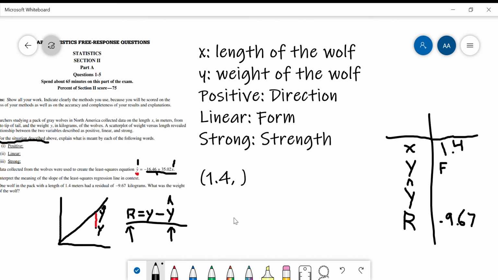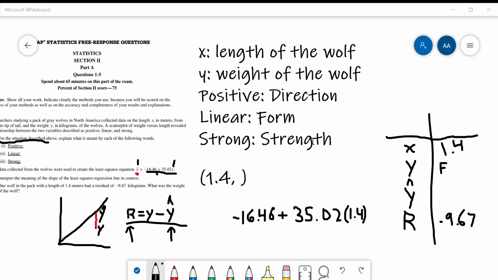So if we put it in, this should, if done right, give us an answer.